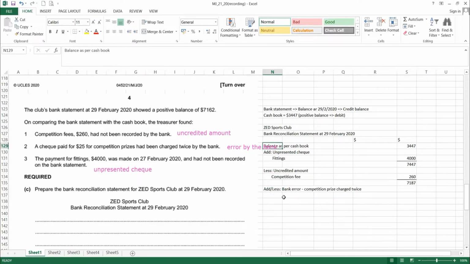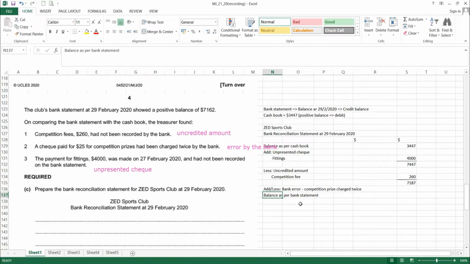Now I will explain here. Balance as per bank statement. When you want to see whether you should add or minus from the bank statement record, you stand from the bank statement point of view. The question says that the bank statement recorded twice.